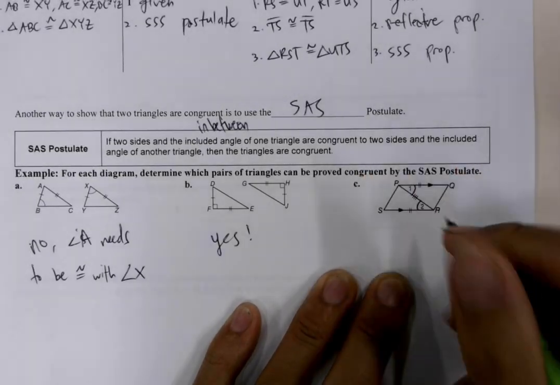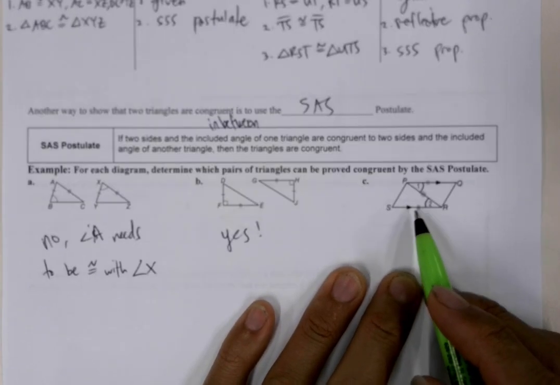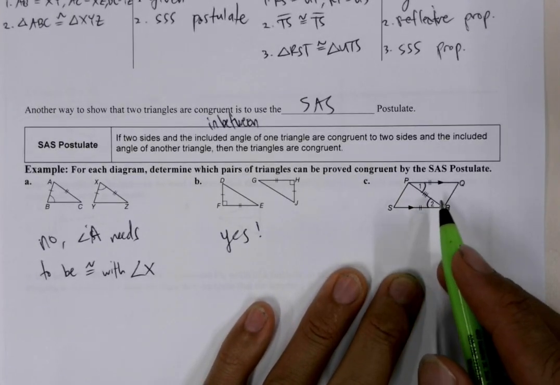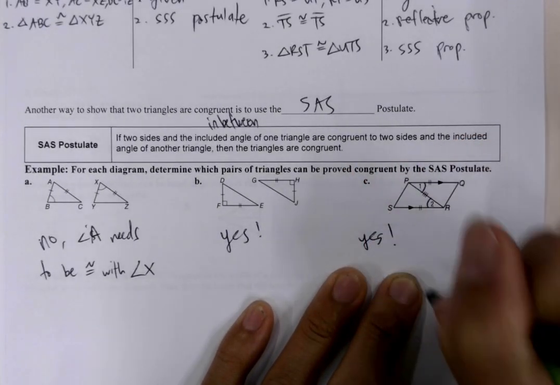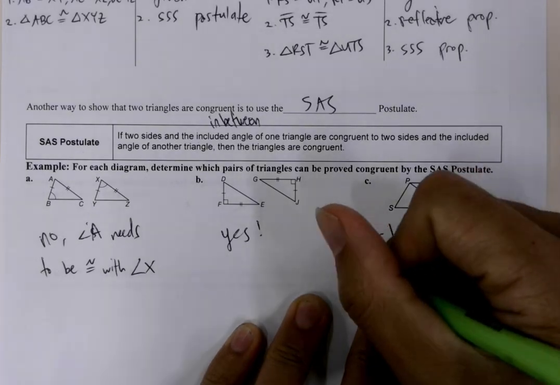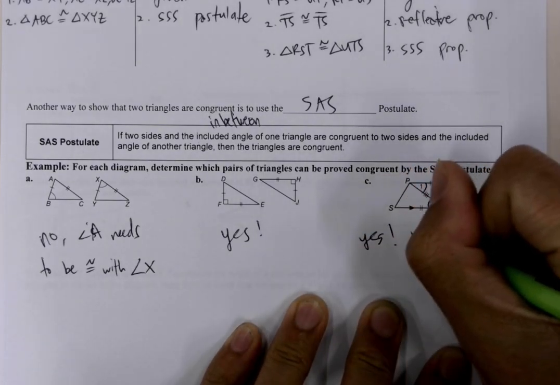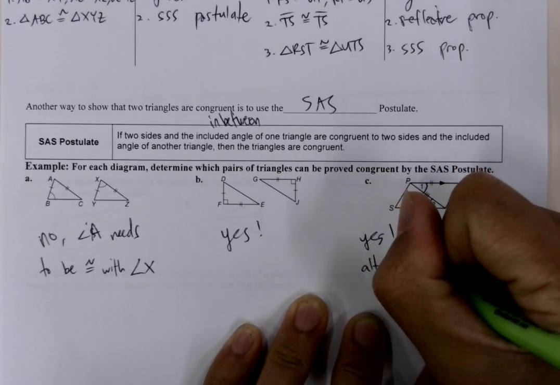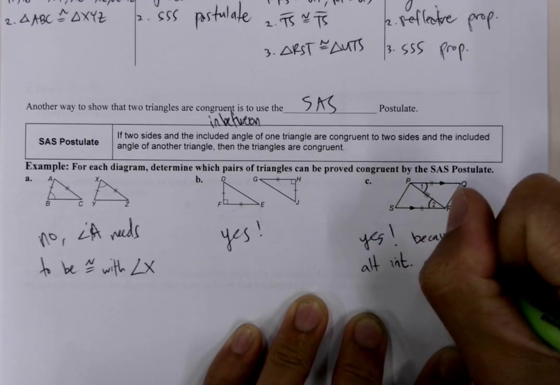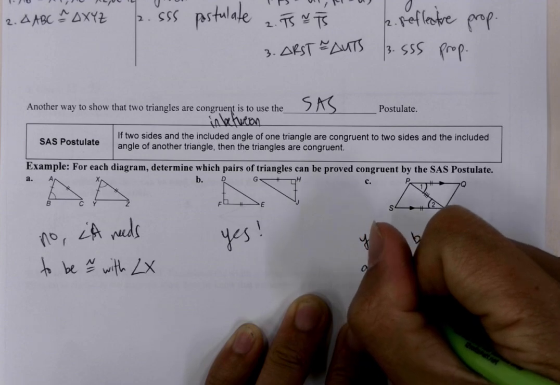Right? So here we do have enough information to show that the triangles are congruent via SAS. And so I'm going to say yes. And we could say because alternate interior angles are congruent.